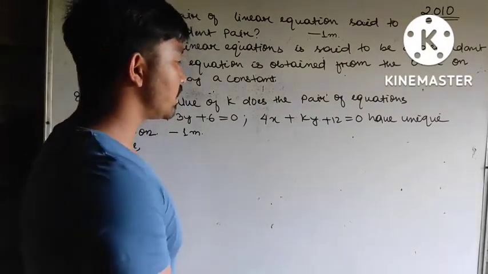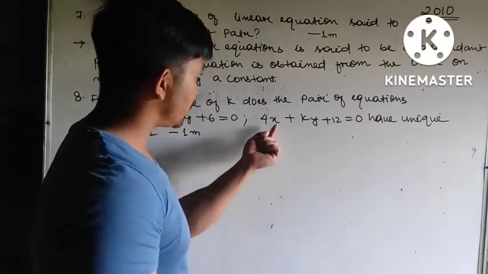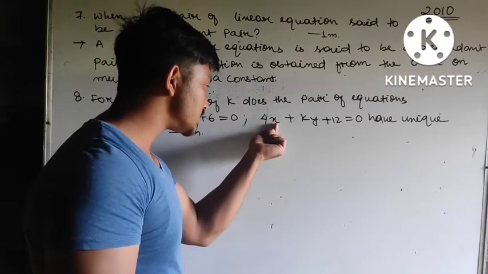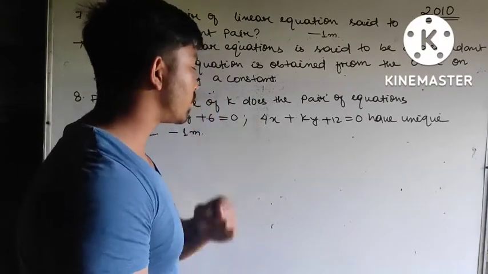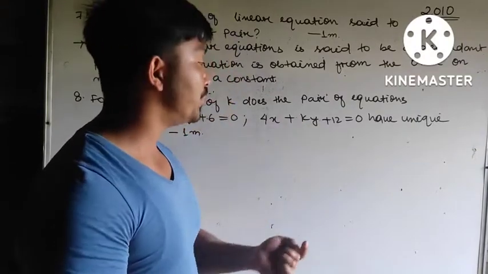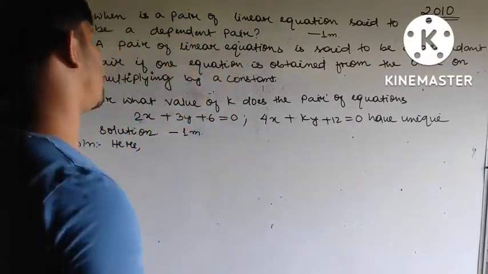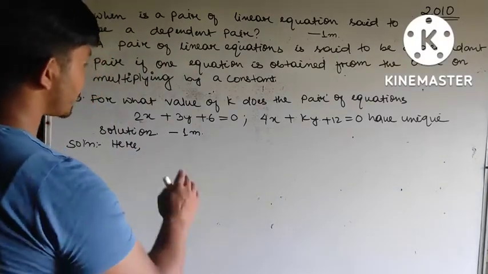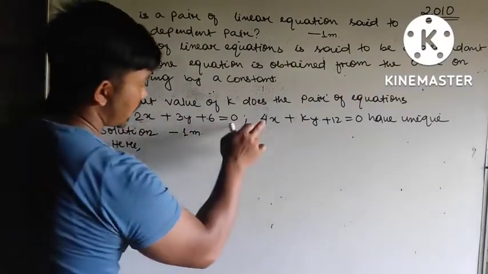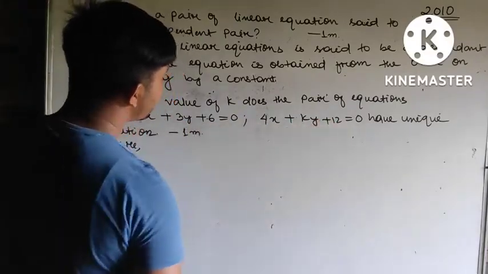Here also it is the same thing. In the second equation, the number in front of x is a2, in front of y is b2, and the lone number is the constant term.